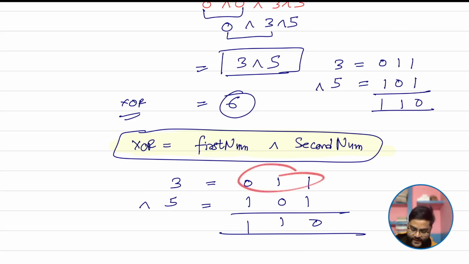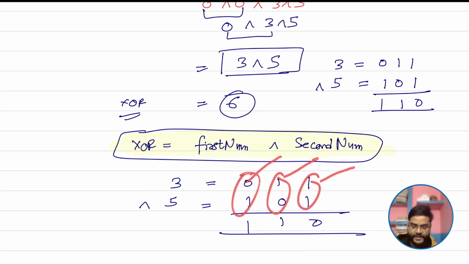In 3 and 5, the first bit is the same, the second bit is different, and the third bit is different. But we need only one parameter, so we can take either of the bits.